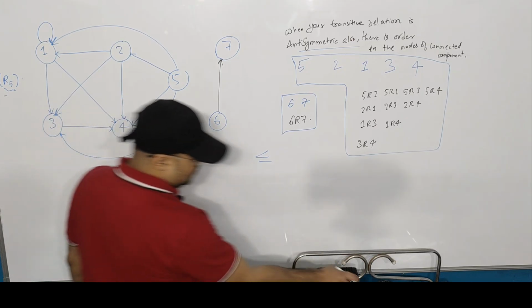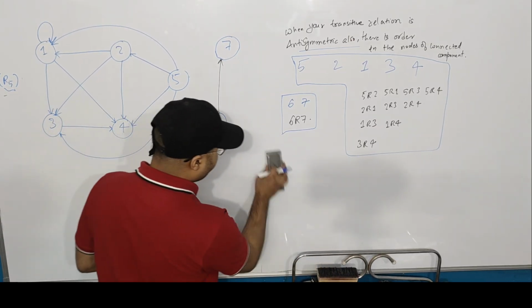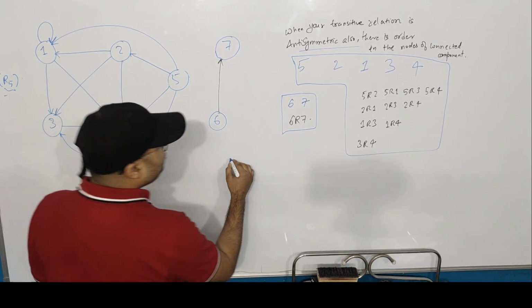So what is a partial order relation? Why is it called a partial order relation?